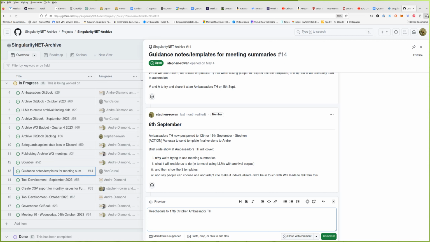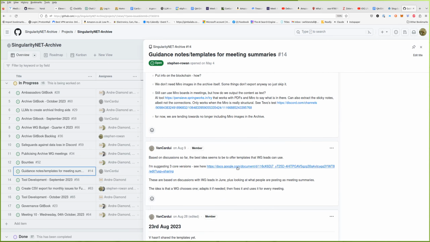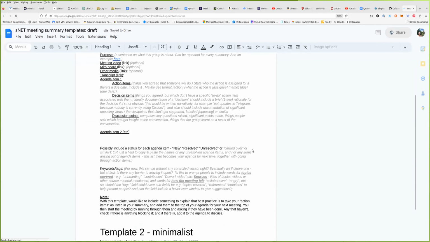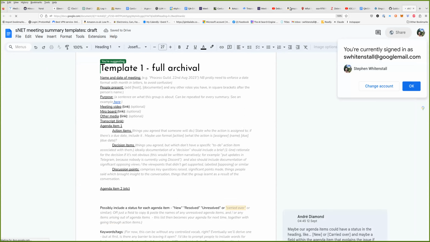It's going to work better if meeting summaries are templated, but we've obviously realized that different meetings and different work groups work in different ways, so we can't have a one size fits all. So after spending a bit of time looking at how people were submitting their meeting summaries and the different styles that people had, I came up with three templates in varying degrees.